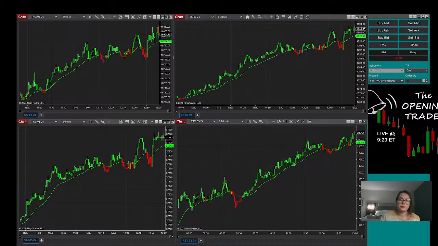U.S. trade gap below forecasts. Canada trade surplus narrows more than expected. Let's take a look what's on the calendar.